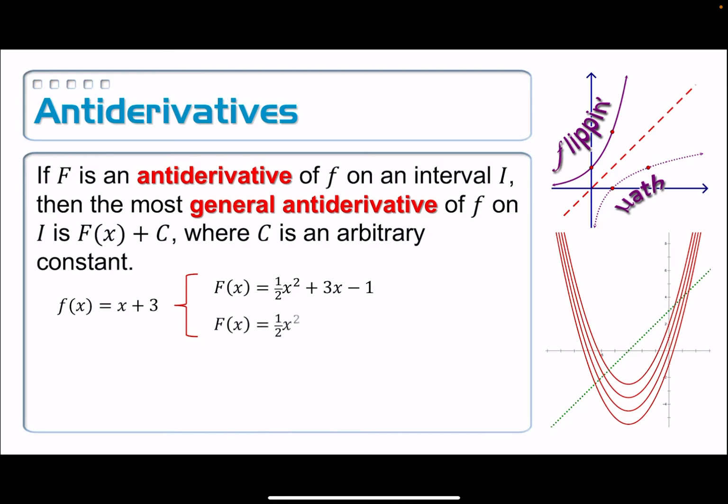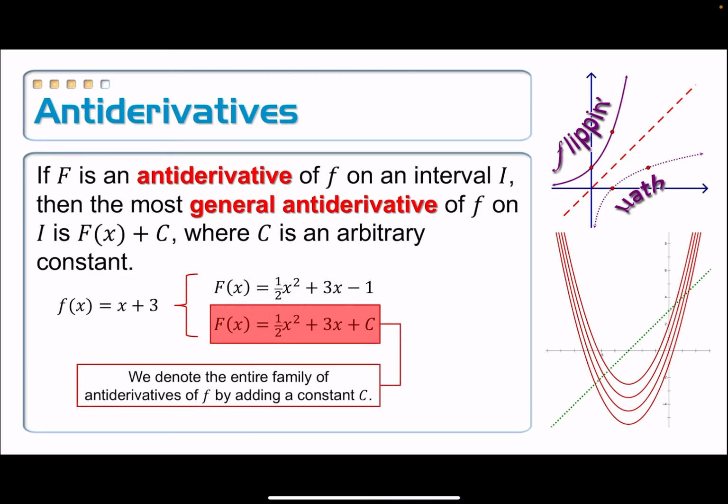If I wanted to represent every single one of them, instead of putting this minus 1 at the end, I'm going to put this plus c. This represents the whole entire family of antiderivatives. If we change this constant at the end, it's just going to do a vertical translation of every single one of these functions.